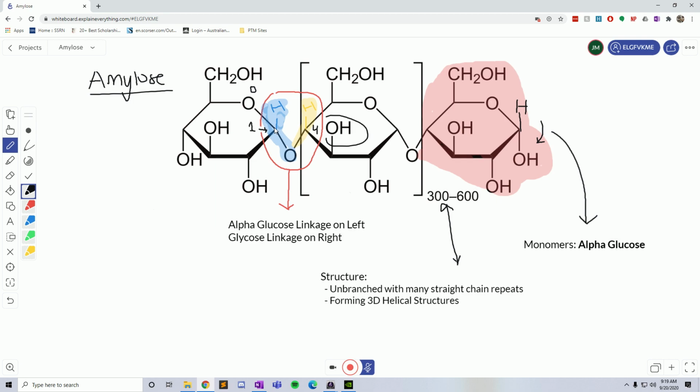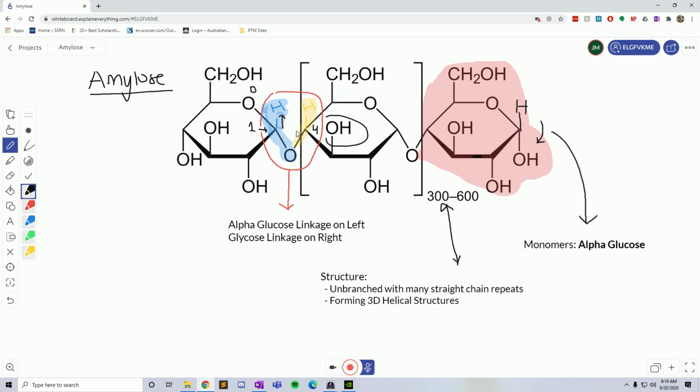And then the alpha glucose linkage is between that first carbon, which I like to call the alpha carbon, and it combines with the fourth carbon on the next monomer over, creating a glycosidic linkage, and specifically an alpha glucose linkage, because this H is pointing up as in alpha glucose.